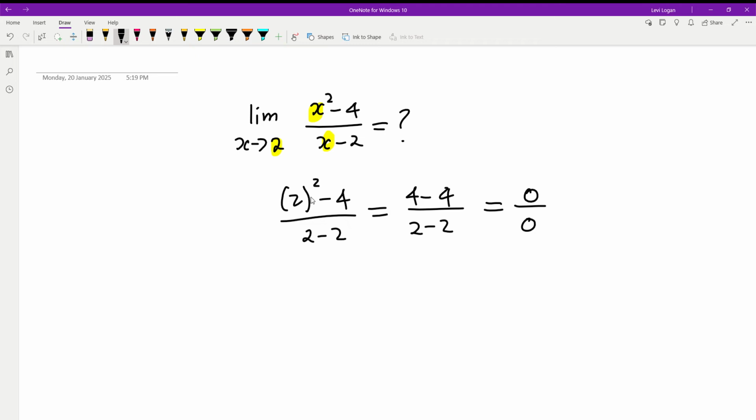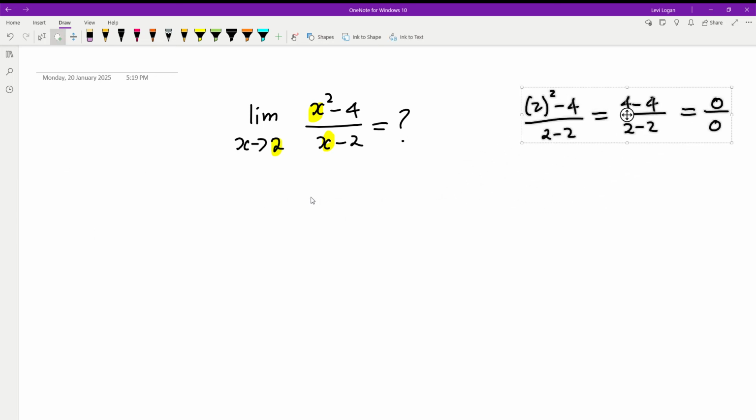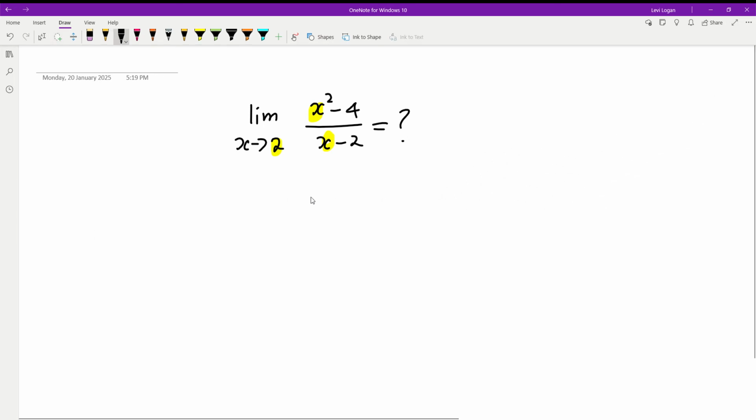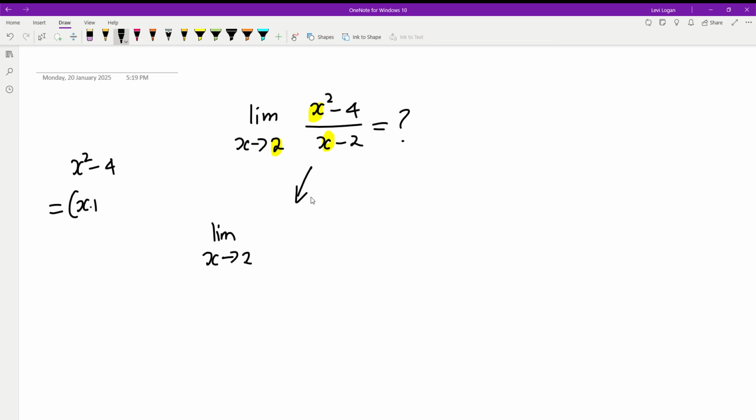Now, there's two ways we can work out this particular limit. The first one, we could factorize it. So here we could rewrite the limit as x goes to 2, where x squared minus 4 can be written as x plus 2 times x minus 2.